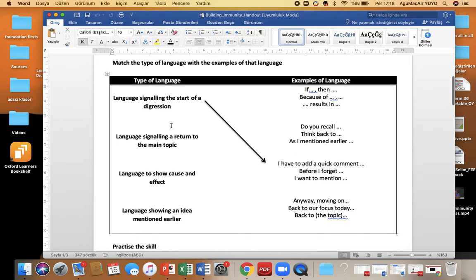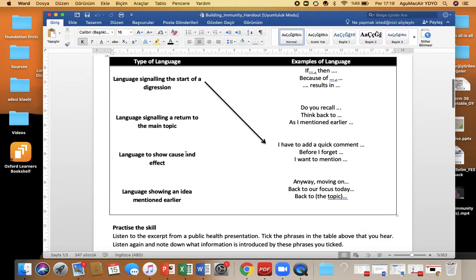So look at this exercise. It's a very important exercise actually. Here we have types of language, and we have the examples of them here. The first one is language signaling the start of a digression. Digression is like another topic, the start of another topic. Another one is language signaling a return to the main topic.